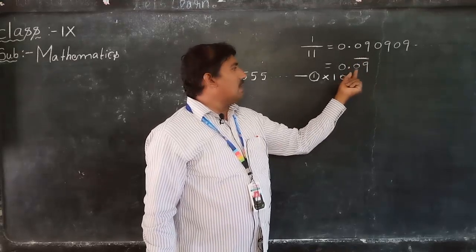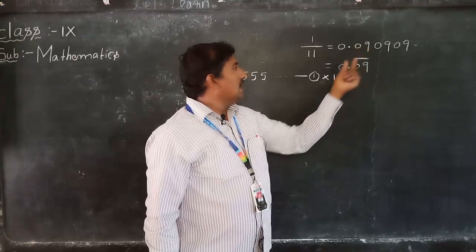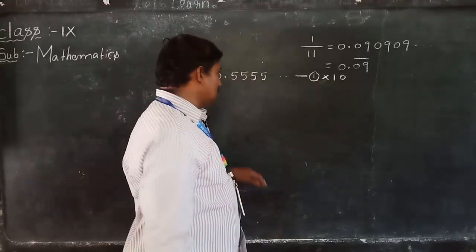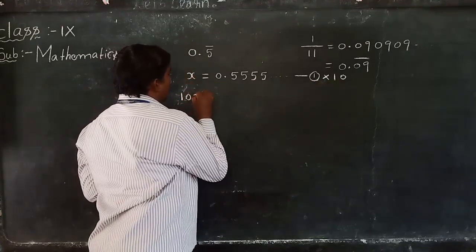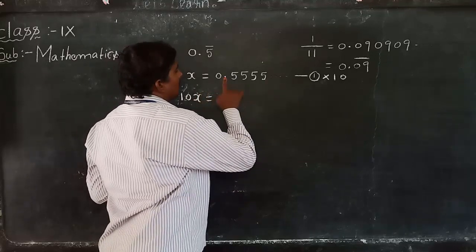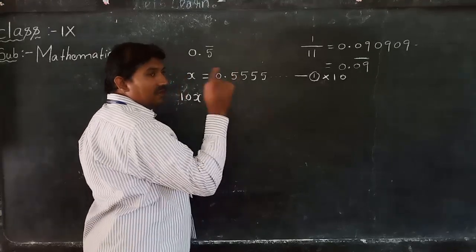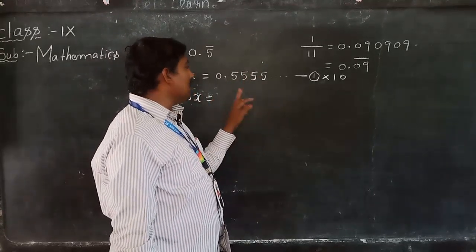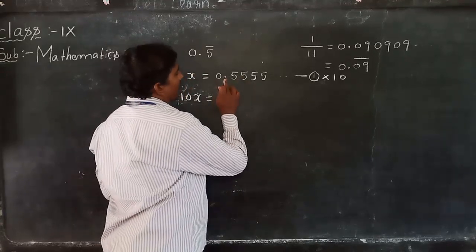So 10 into x, 10x. At the time of multiplication the decimal point moves from left to right; at the time of division it moves left.